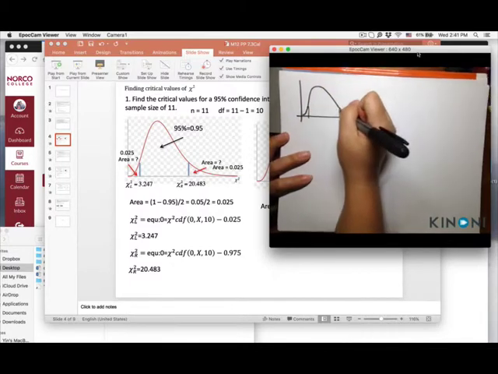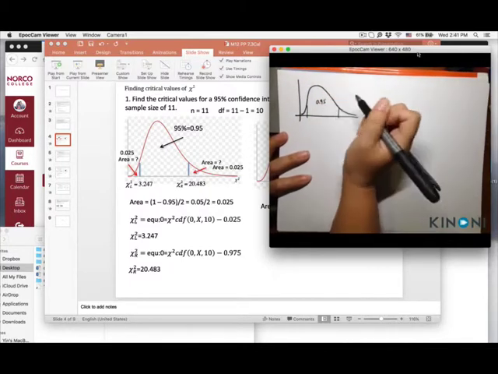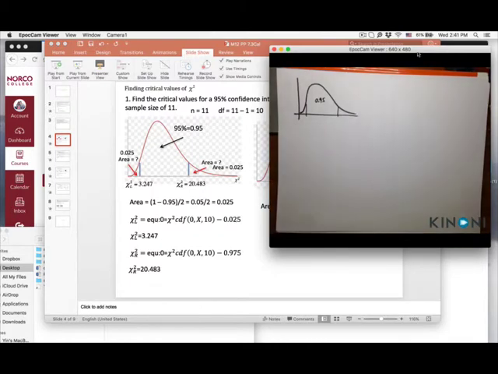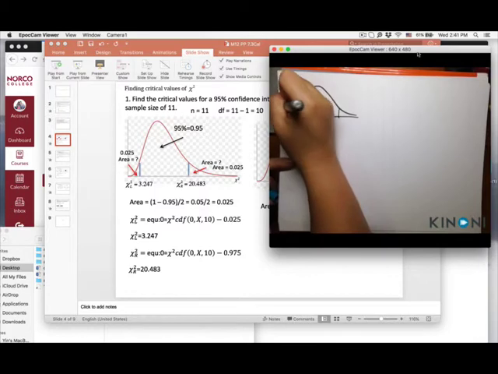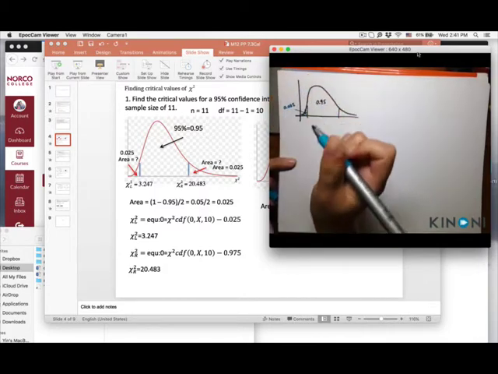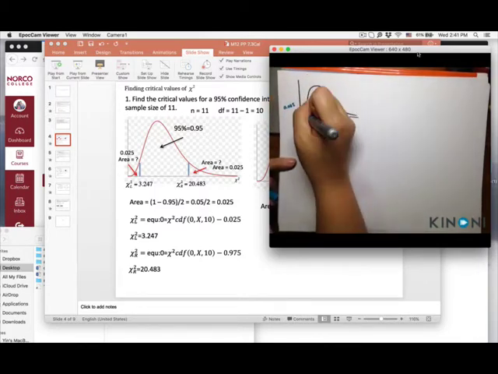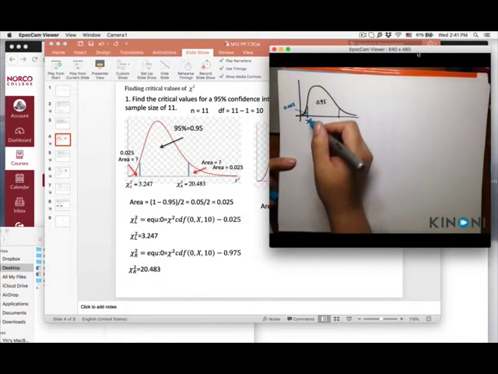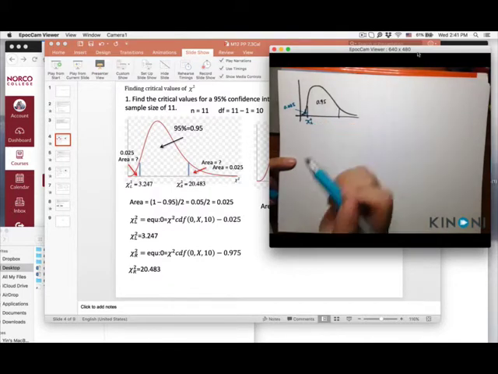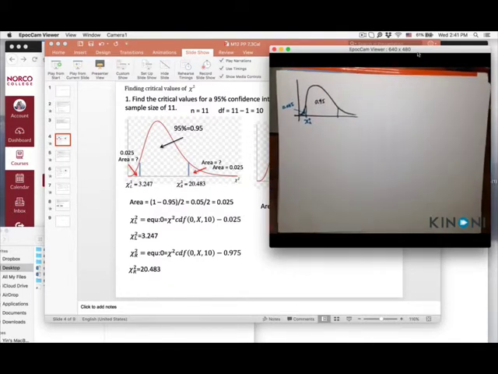So we have the picture like this. This is 0.95, and then we find the area for the left tail here. That is 0.025. And then we're going to look for this critical value. We call that chi-square to the left, L in here.